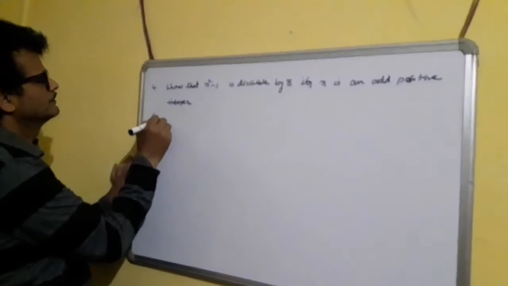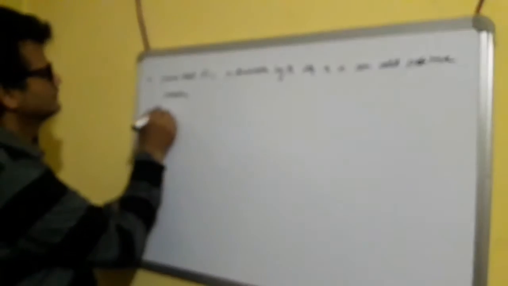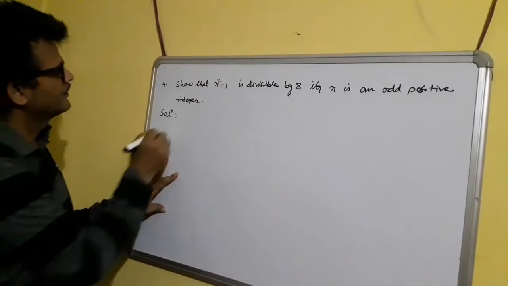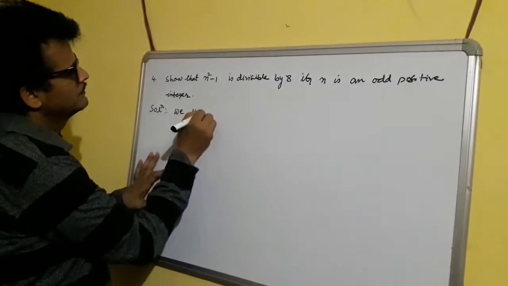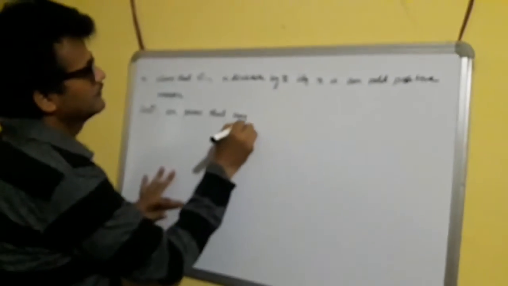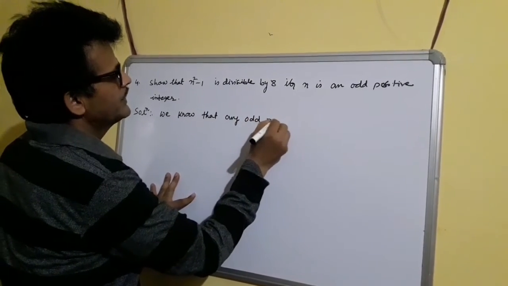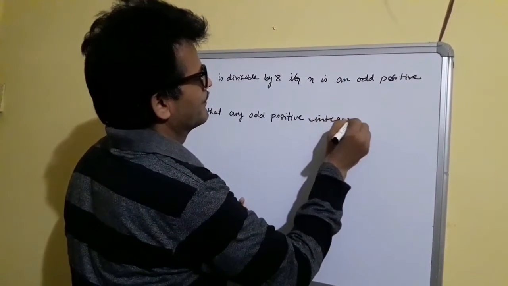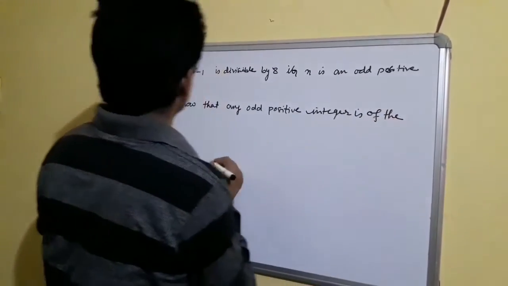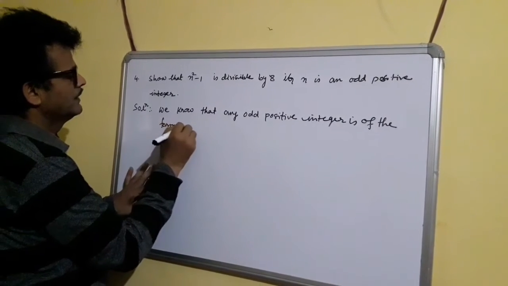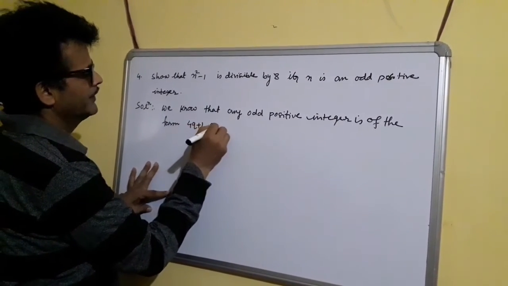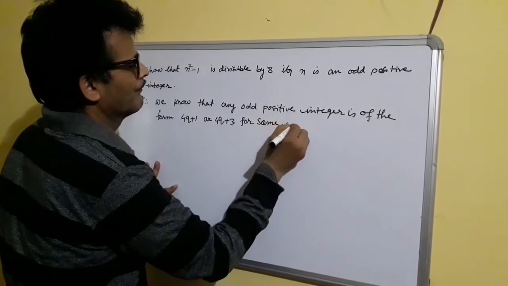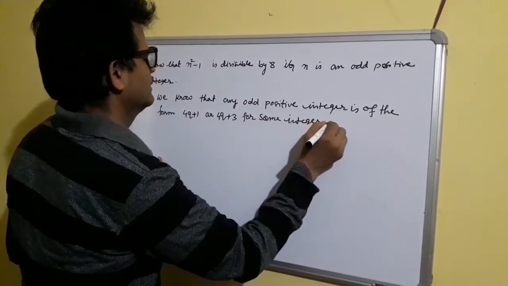Solution. How will you do it? We know that any odd positive integer is of the form 4q plus 1 or 4q plus 3 for some integer q.